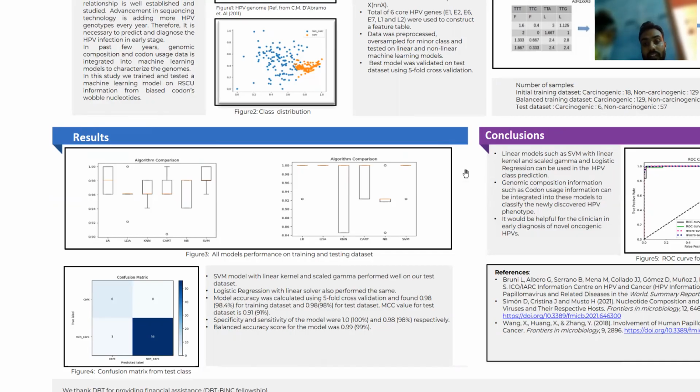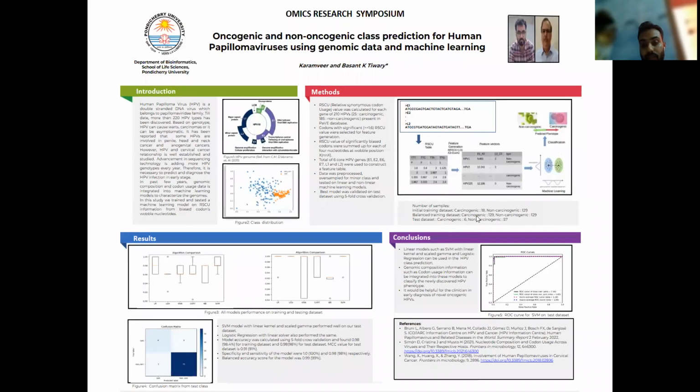In our initial data set, we had 18 carcinogenic and 129 non-carcinogenic samples. At the end, we created a balanced data set by oversampling the minority class, which is carcinogenic, to 129, and we tested on our test data set.